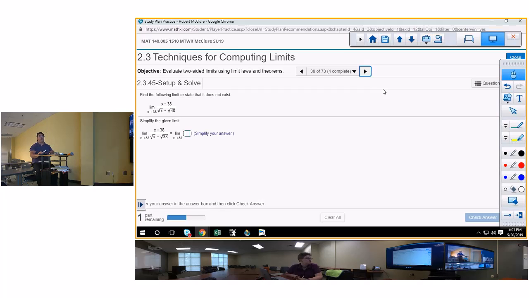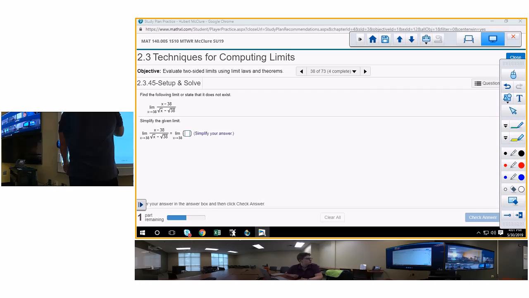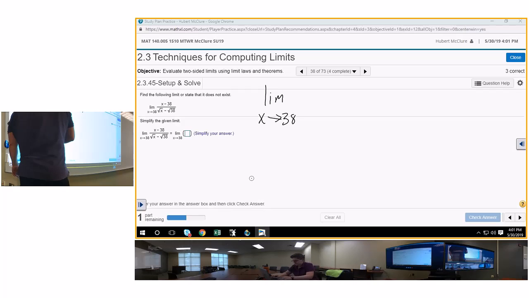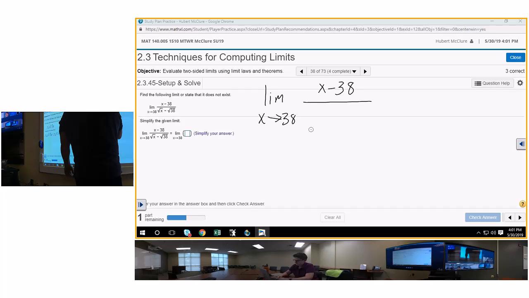I'll write it on the board for those that's going to complain. Help if you didn't sit in the back of the room. Limit as x approaches 38 of x minus 38 over square root of x minus the square root of 38.